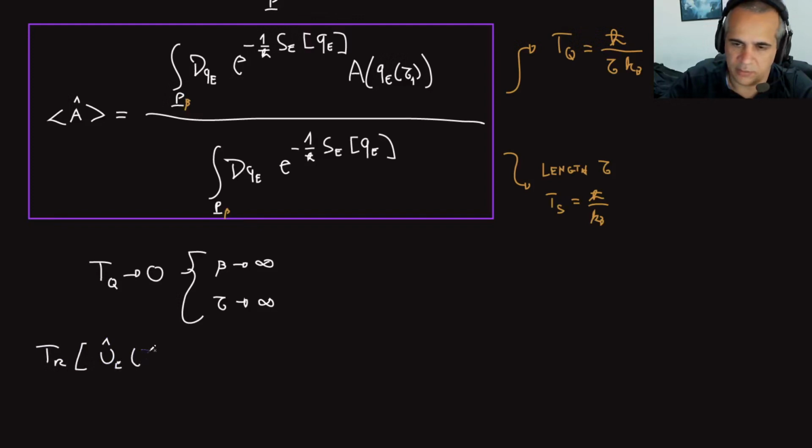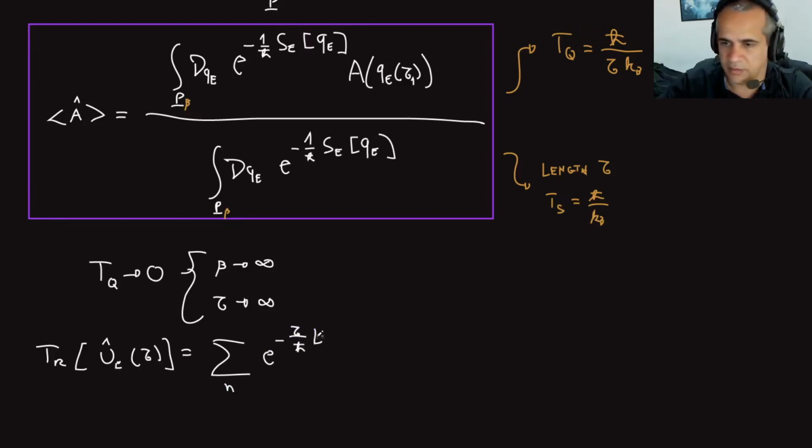this Euclidean evolution operator, which I have shown at the start, can be written in terms of minus tau over h bar energy, and will be projected on the state of the lowest energy.